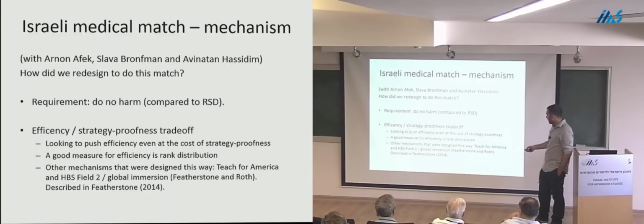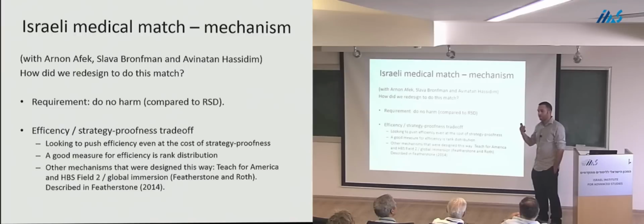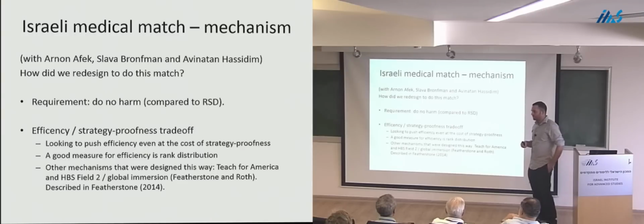One is for Teach for America, an organization that assigns recent graduates of top universities in the US to teach in American schools. And another is the HBS Field 2, which is kind of a program for sending MBAs to different countries, supposedly to learn.